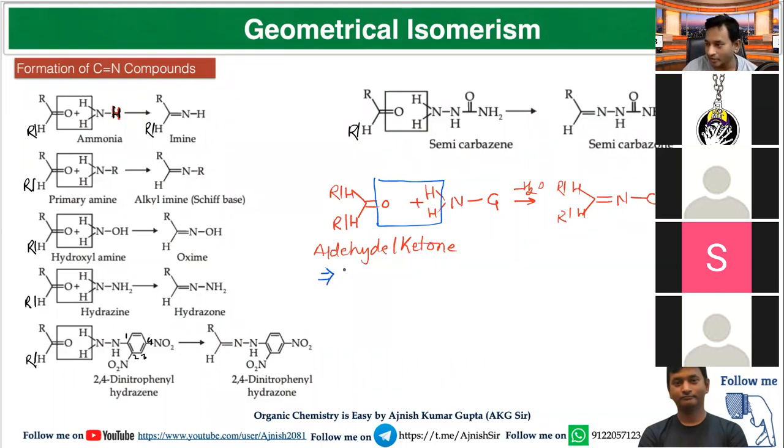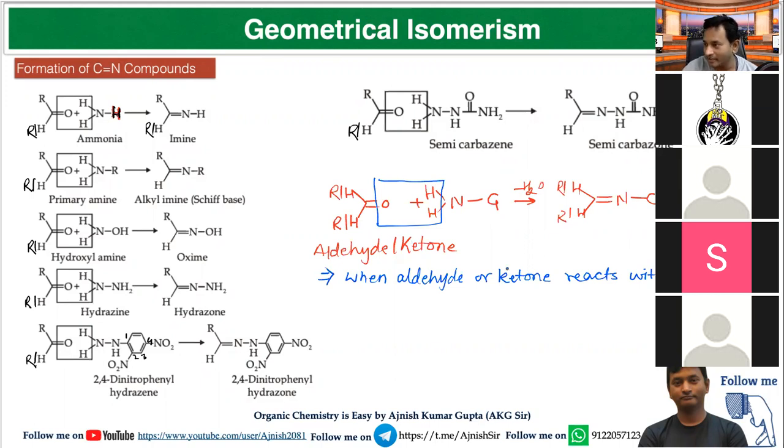When aldehyde or ketone reacts with NH2G, G may be H, G may be R, G may be OH, G may be NH2, G may be a derivative of NH2.